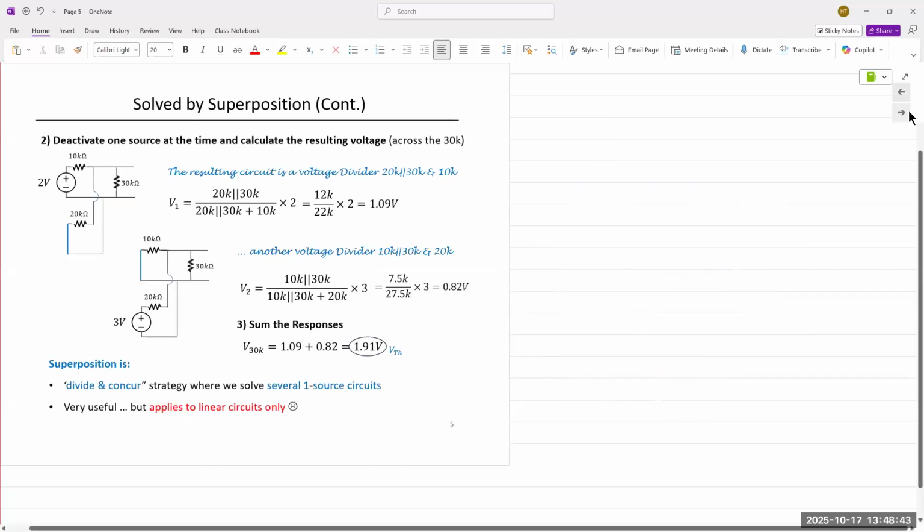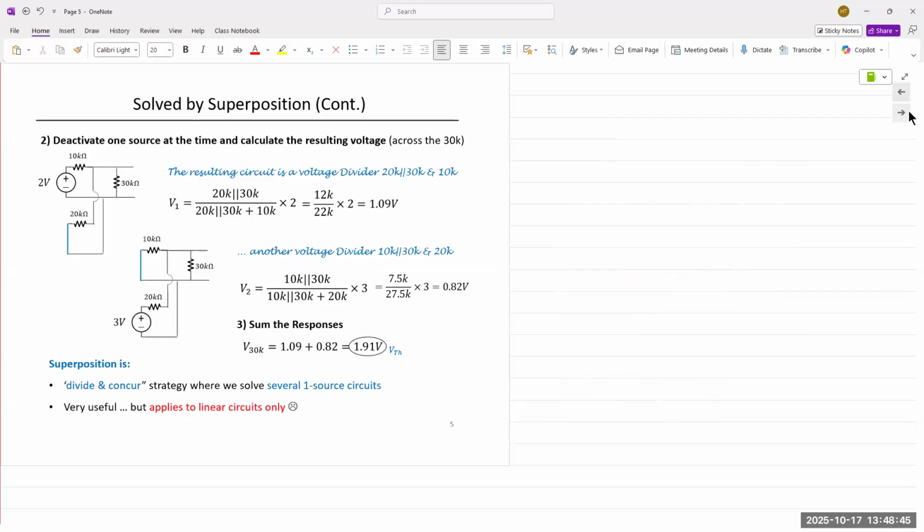But what if I now want to find the voltage? What do we do? Well, if I wish to solve it using superposition, I have to analyze it with only one source active at a time. So this is what I'm going to do. This is the 2-volt source, and I'm going to reduce the 3-volt source to 0.